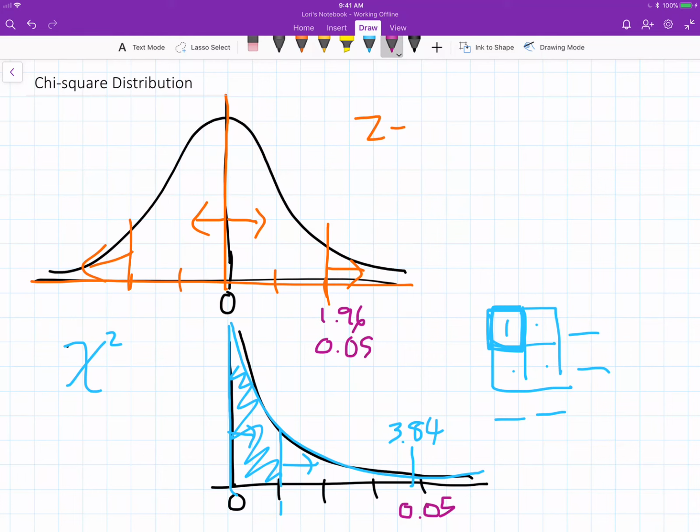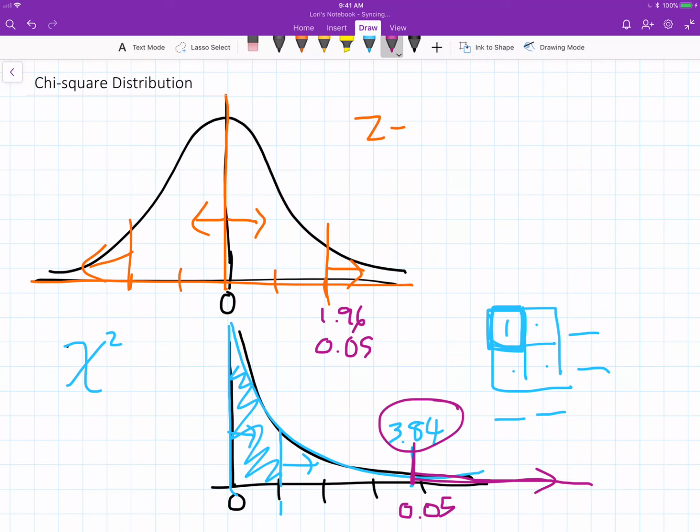And so what that means is that if you have a chi-square value of 3.84, the chances of getting that value or greater, remember, goes out into the tail. This looks like it swoops up, but it actually continues to go down and down and down.